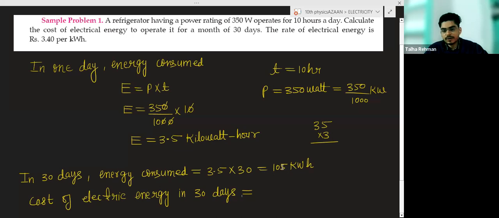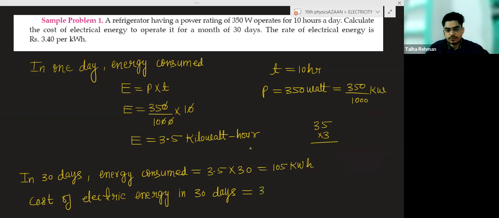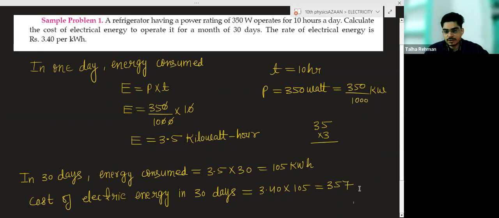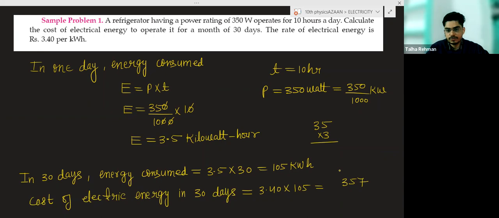You multiply to get the total amount. This is simple mathematics. 105 multiplied by 3.40, you will get the answer 357. 357 rupees. I am not saying this is rupees, this can be Rs.